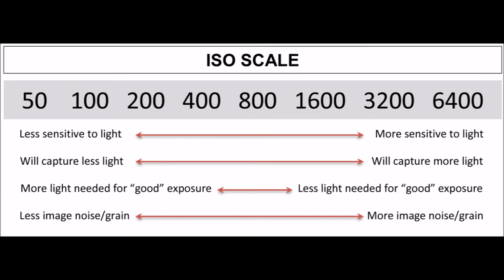But it pretty much again will change the brightness or darkness of the picture. The darker it is outside, the higher ISO you want to put, because it's going to make your picture a lot brighter. And the brighter it is in the room, you want to put your ISO lower, because it's going to make the picture look a little bit darker than it is in real life.